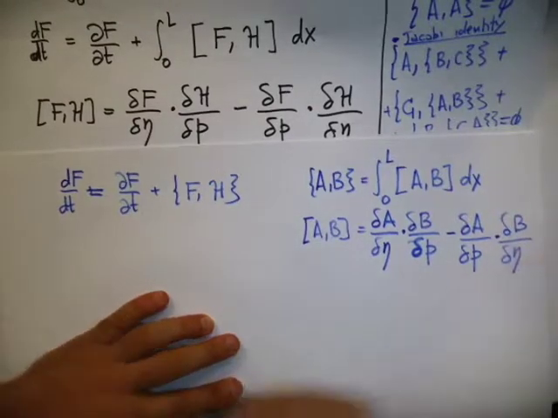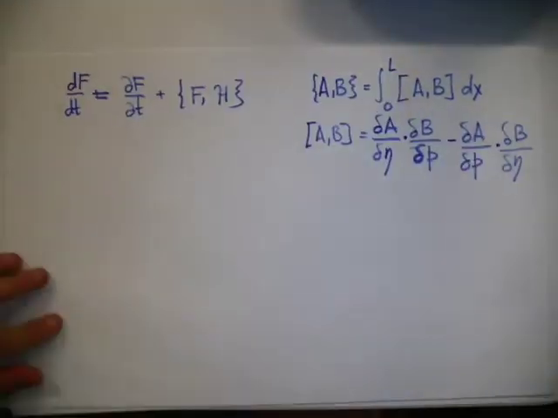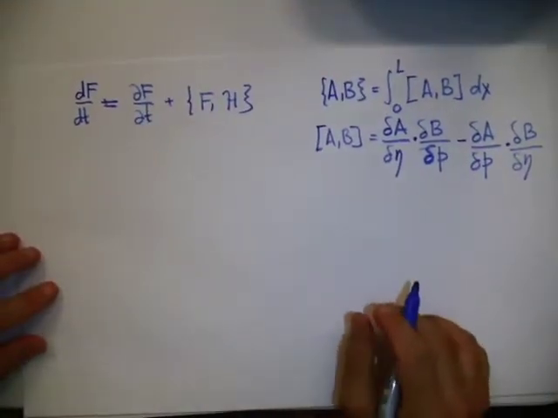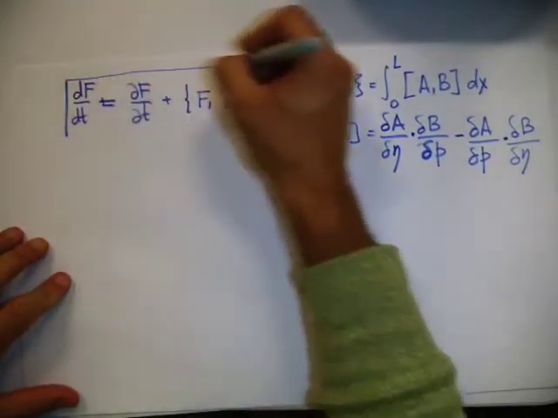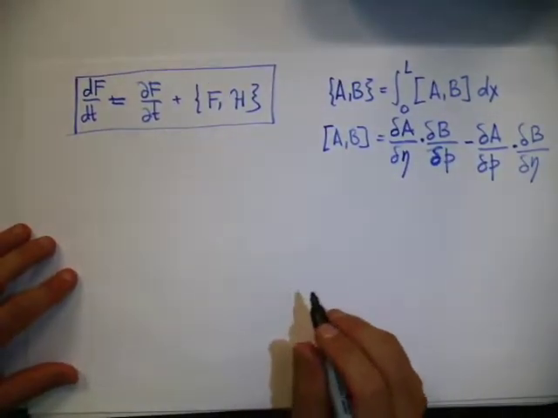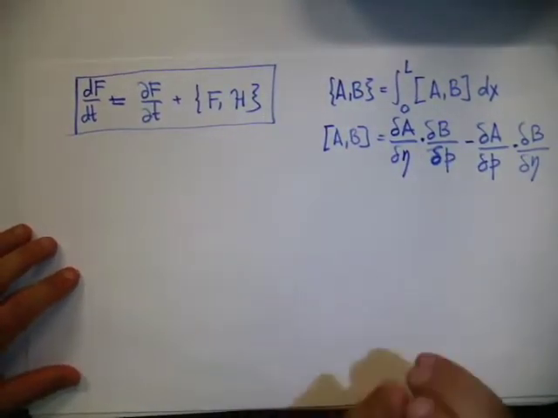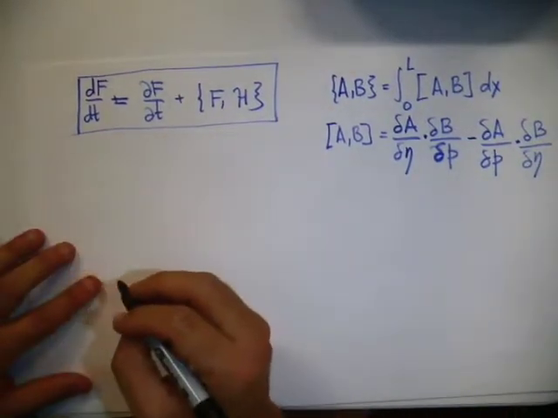Okay, what I would like to do now is to rederive the Hamiltonian equations from this generic formulation of an observable, but I need to pick the right observable. Let's assume I want to derive the evolution for eta.